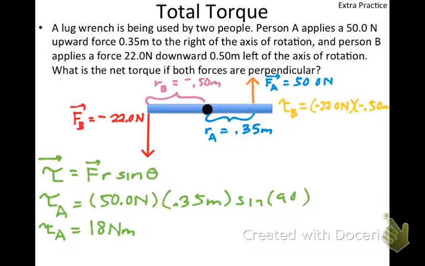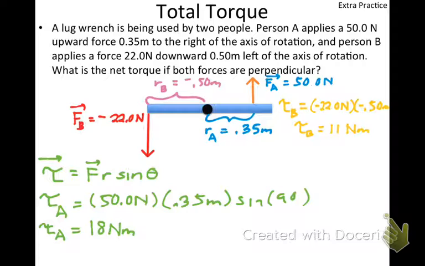I'm running out of room over here, sorry guys. And sine of 90 will be 1 still. When we calculate the torque exerted by B, both negatives cancel out, and we will have a torque of 11 newton meters. So we have the individual torques exerted by person A and by person B.